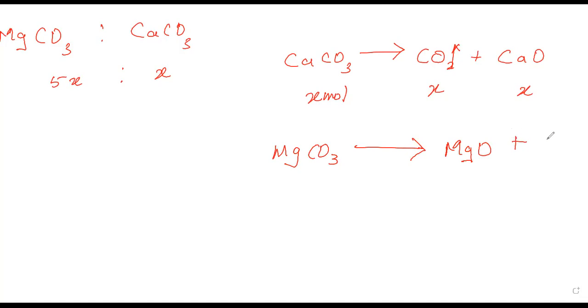So it should decompose into the oxide, like the calcium carbonate. You can check that this equation is also balanced. We already know the magnesium carbonate is 5X, so the magnesium oxide is also 5X, and the carbon dioxide also 5X. Now we have done that part.